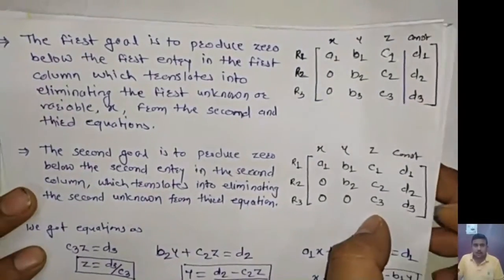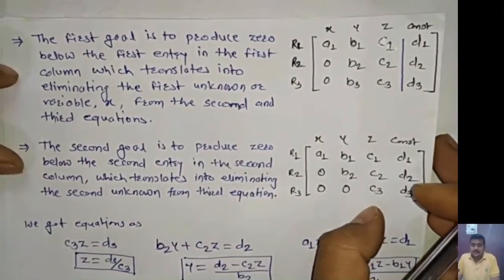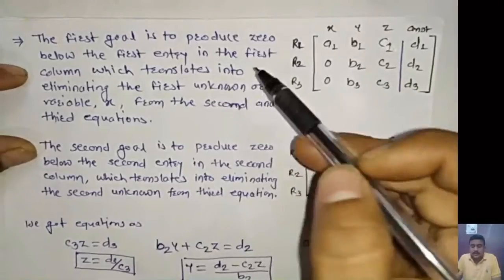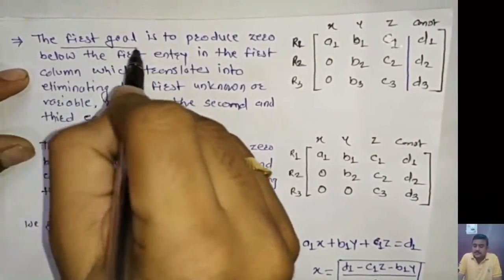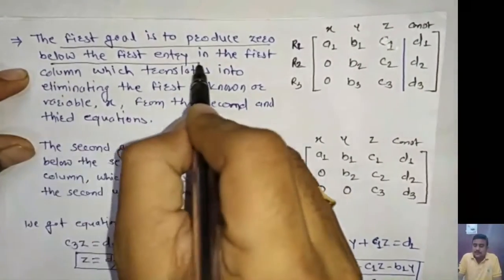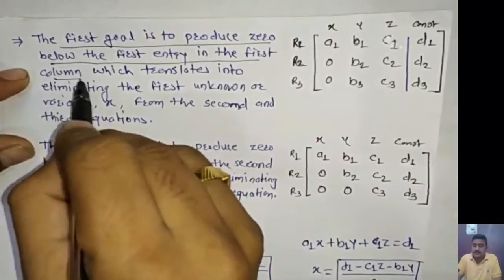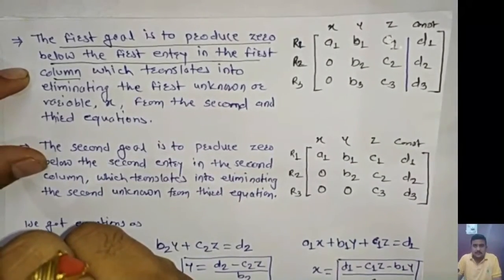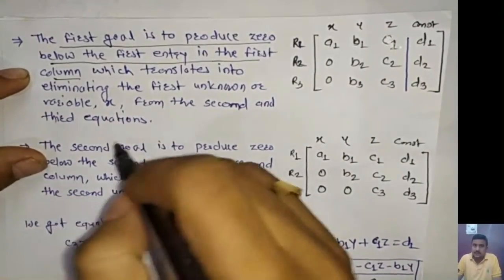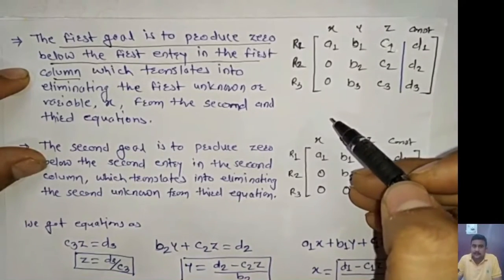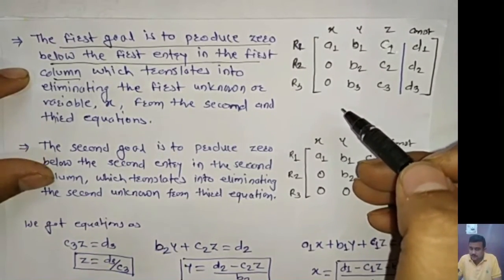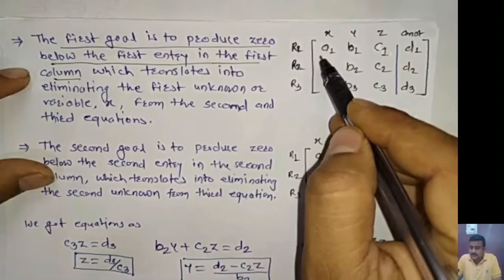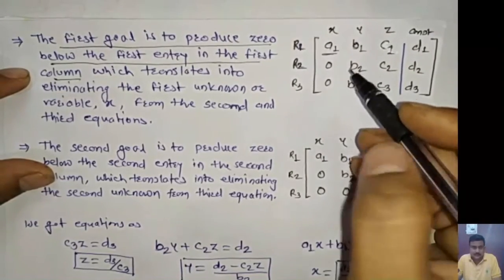Once we get the augmented matrix, the first goal is to produce 0 below the first entry in the first column. This is our first entry in the first column, that is a1.